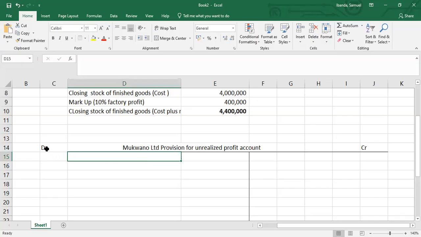Now, our provisions basically have a normal credit balance.